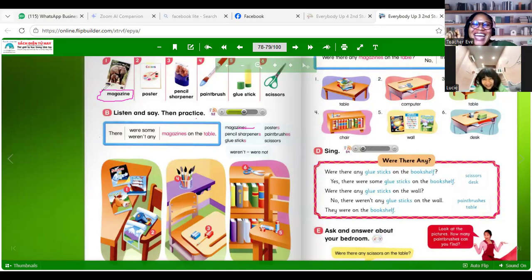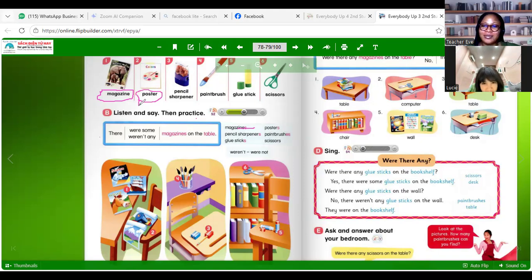Magazine. Can you say that? Magazine. Good. Magazine. Good. All right, then number 2.